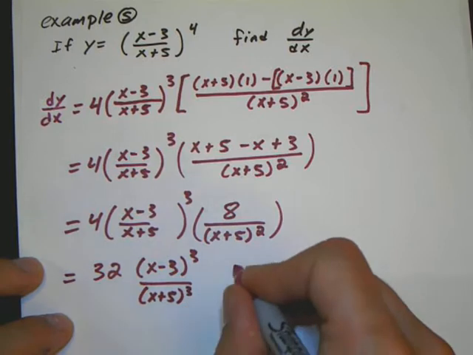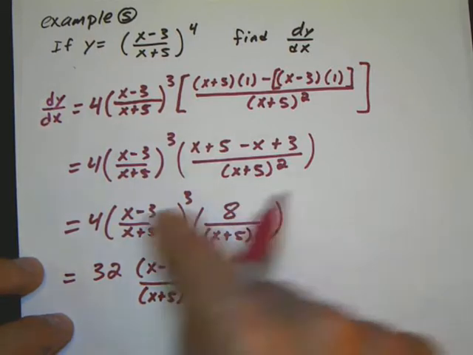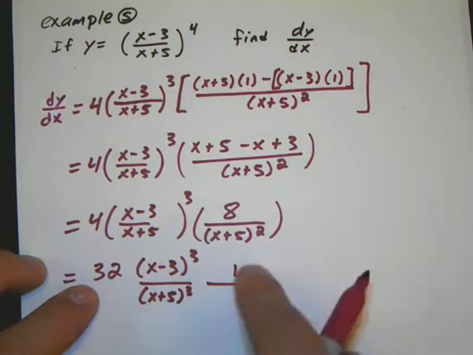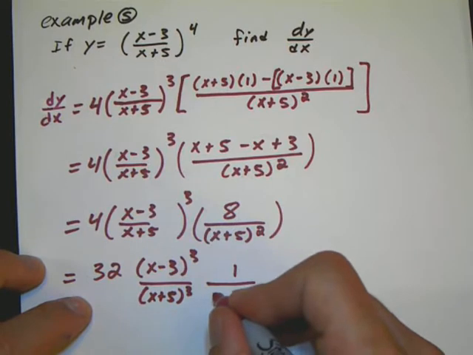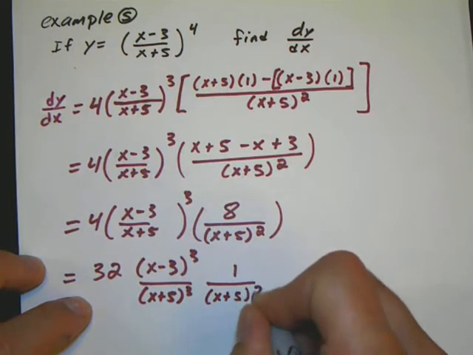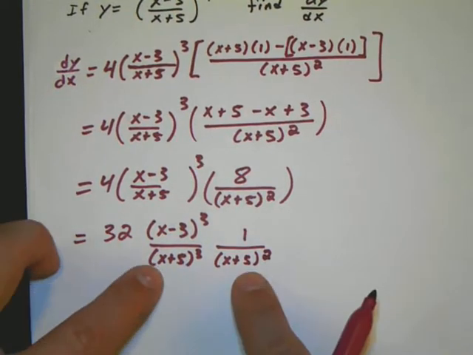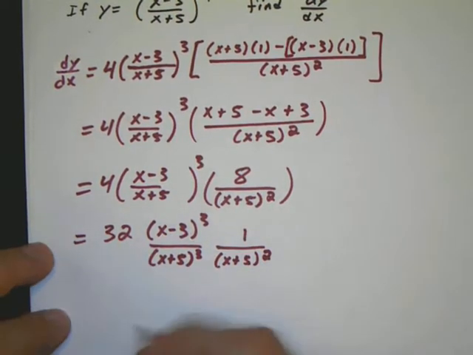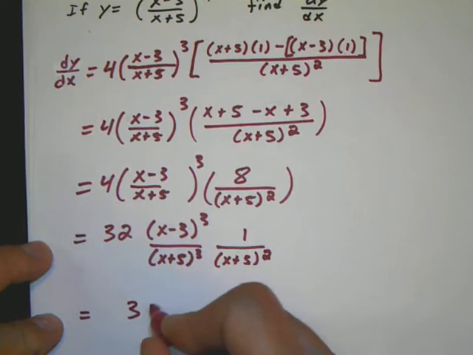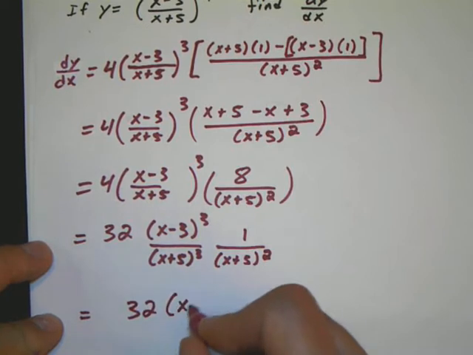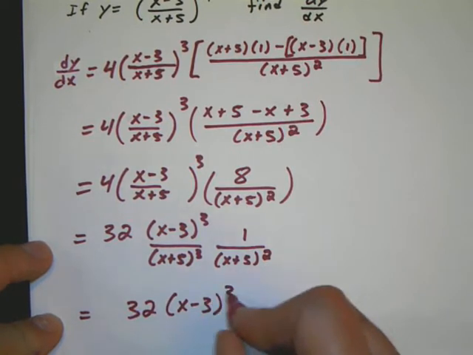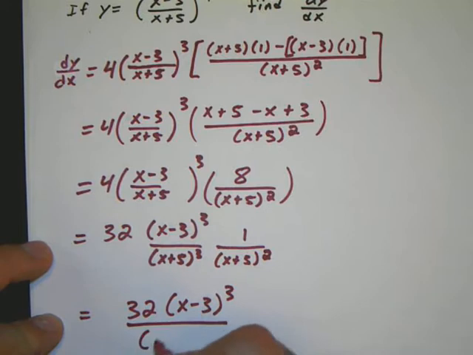And because I multiplied this 4 and the 8, all I have left over down over here is 1. This is going to be x plus 5 squared. I have the exact same base. When I multiply, this just turns into 32 x minus 3 cubed all over x plus 5 to the 5th power.